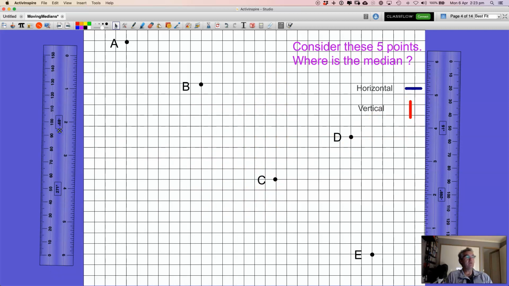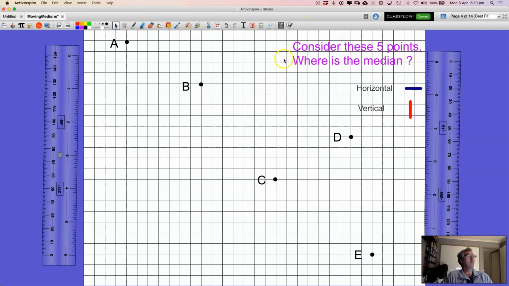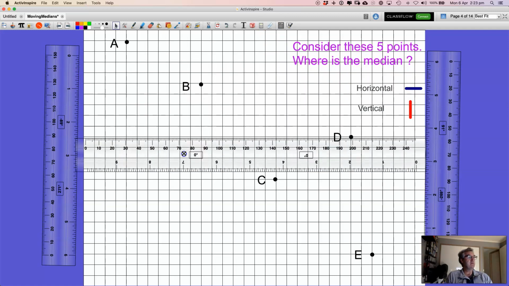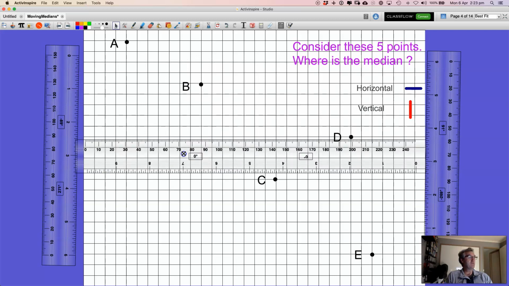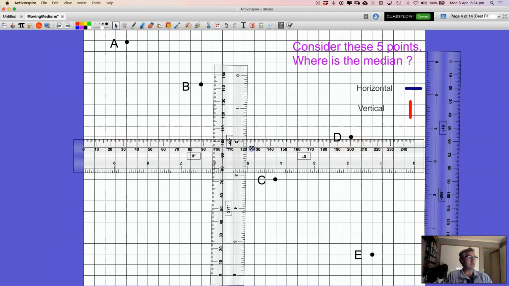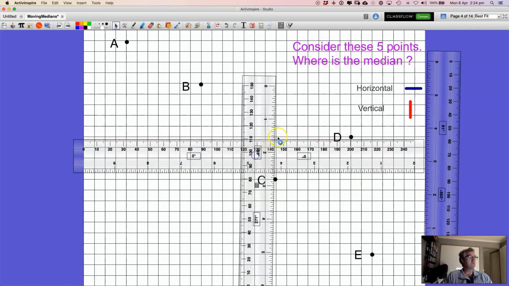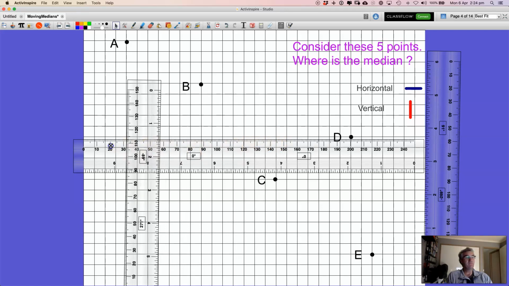Likewise, I can do the same sort of thing with the horizontal line. I'll just use another ruler here. I basically need to stop at my 3rd dot, 1, 2, 3 dots there. So I basically draw a line going along this way and a line going along this way, and where those 2 lines intersect, that point there is the median.